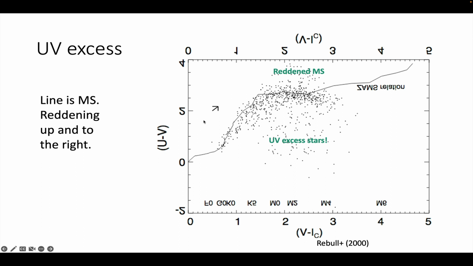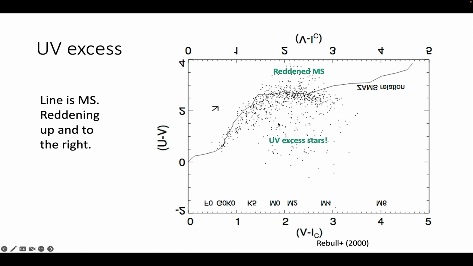Reddening is going to push it redder in U minus V, which is up, and redder in V minus I, which is to the right. So it's going to push it up and to the right. So all of these stars that are hanging around here are reddened main sequence stars. In other words, they should be hovering around the line, but they've been pushed up and to the right because of the dust between us and them.